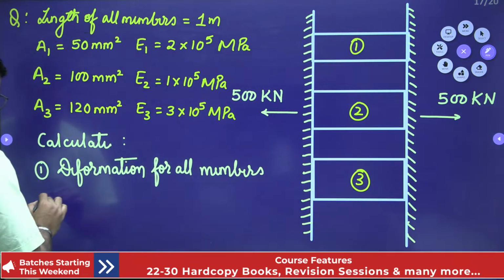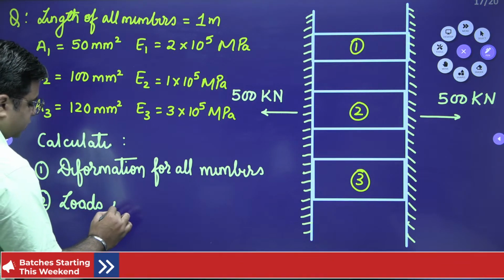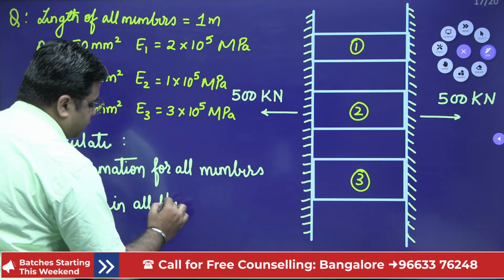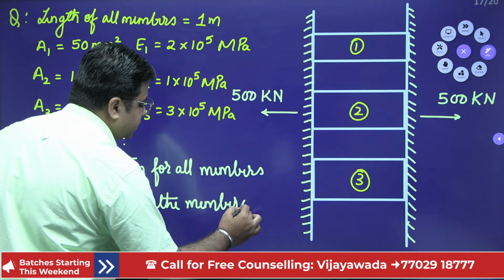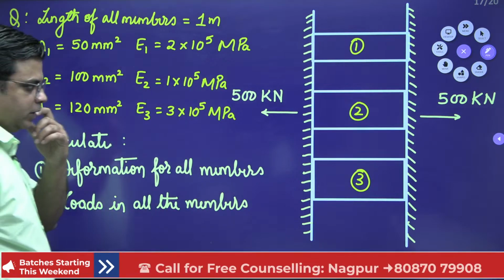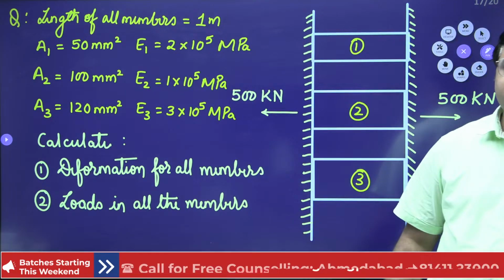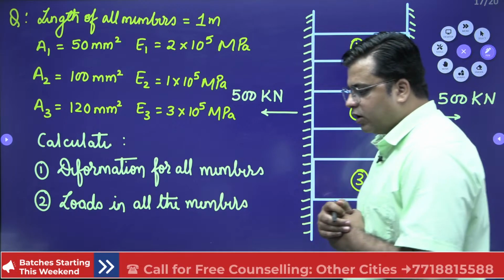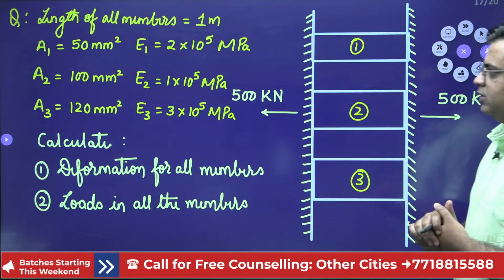Second is loads in all the members. Deformation in all the members and loads in all the members. So these are the 2 things that you need to calculate for this question, right? So again, this is a simple question for members connected in parallel and you need to solve this, okay?